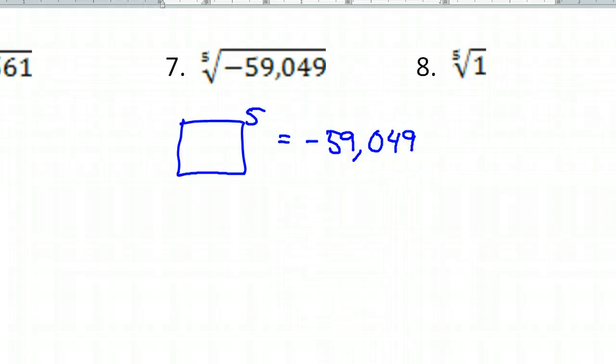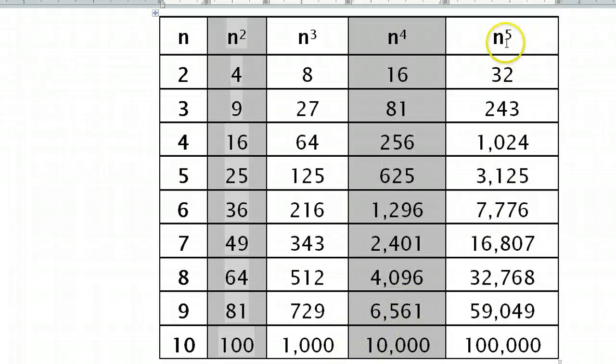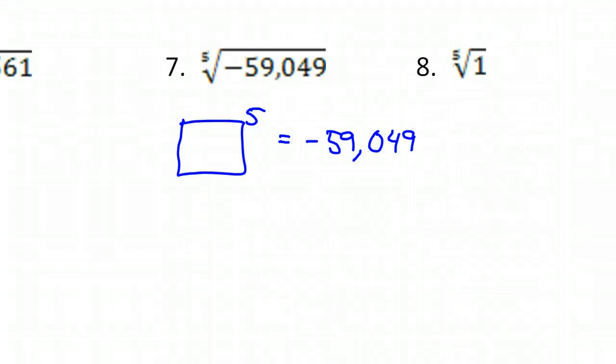Let's check the chart. Fifth power, 59,049. That's 9. 9 to the fifth power is 59,049. So that means negative 9 to the fifth power should be negative 59,049. As long as it's an odd power, I can do it. It's just going to be a negative result. So the answer to number 7 is simply negative 9.